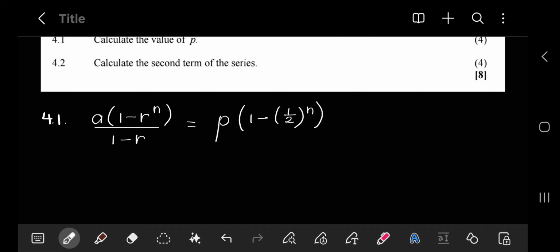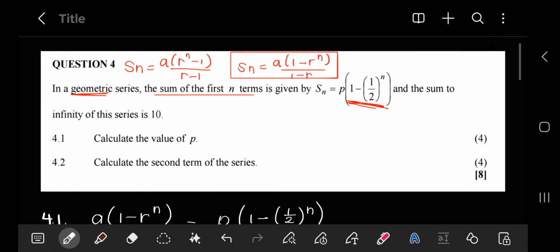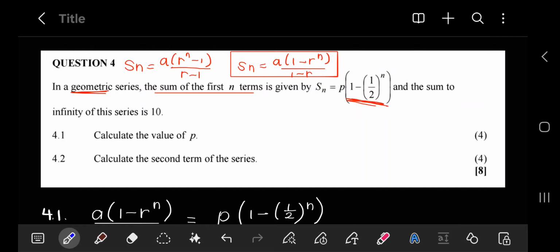Now at the moment, there's nothing that we can do with this, but we are given another important piece of information which says the sum to infinity of the series is 10, which basically means that S infinity is equal to 10. Now we are also aware that sum to infinity has its own formula, which is a over 1 minus r.